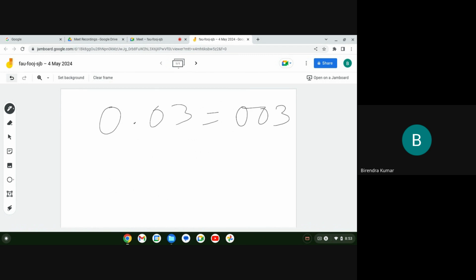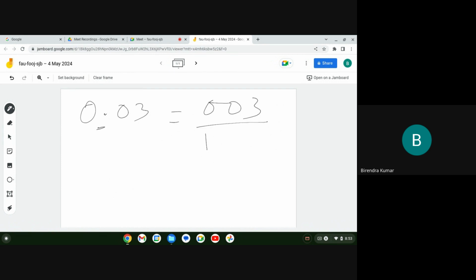Whatever number you have, you put everything without the decimal, and then instead of the decimal, you write a one. Then count how many digits you have after the decimal. You have two digits, so you put two zeros. The zero before the three doesn't have any meaning, so you can write this as 3/100. Now, the question that Ishan asked just now is, why do I have to put a one for the decimal?